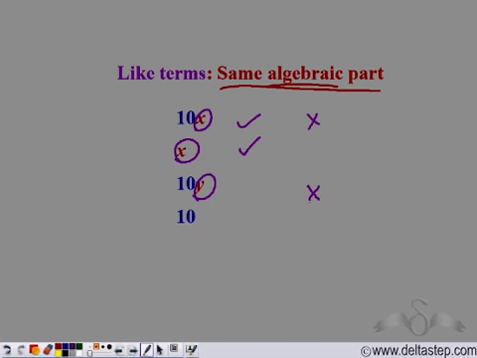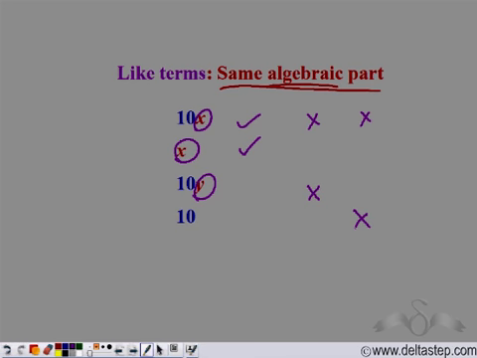The numerical part of 10x and 10y is 10, but since they do not have the same algebraic part, we say that these are not like terms. What about 10x and 10? 10x has algebraic part x, 10 has no algebraic part, so we say that these are not like terms. So in these four terms, only 10x and x are the like terms.